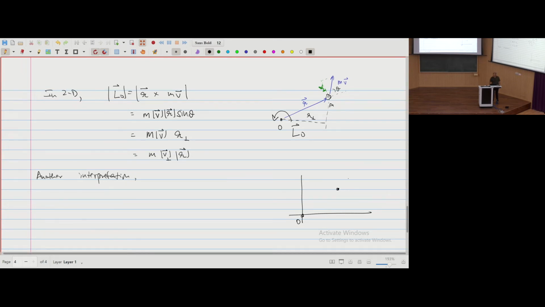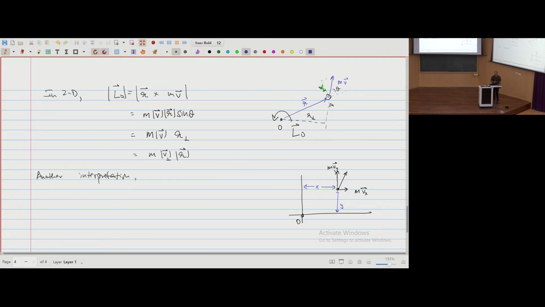So in this 2D case, our linear momentum mv has an x component, we will call mvx, and it has a y component, we will call mvy. So the vx vector is the vx magnitude times i hat, so it's a vector, I've drawn an arrow, and the vy vector is the vy magnitude times j hat. So let's say the r vector we has two components, one is the y component and the other is the x component.